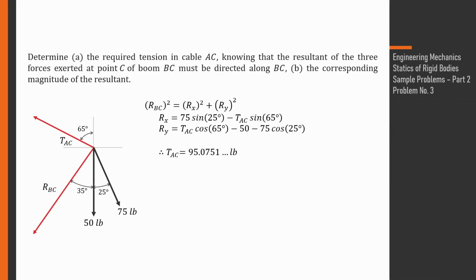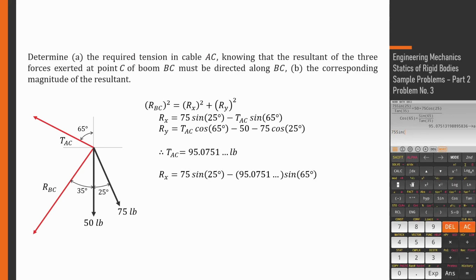So we can solve for the components of the resultant directed along line BC. For Rx, let's just substitute the value for the tension in cable AC. So 75 sine 25 degrees minus A, stored at A, sine 65, so negative 54.4709 and so on pounds. So stored to B. The x component is negative, so we solved and it gave us a negative value, therefore the x component is going to the left.